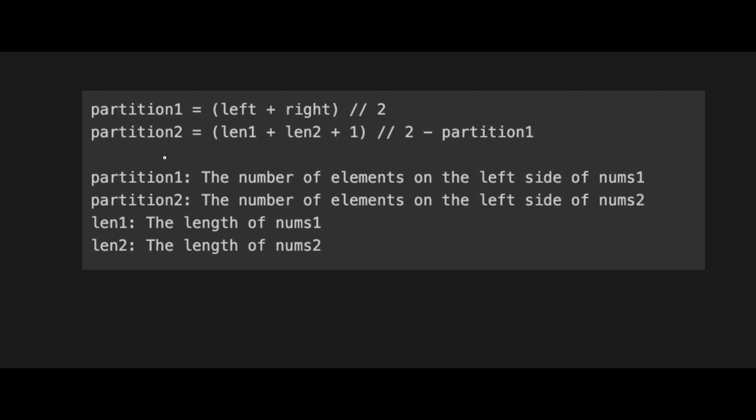And how about the partition 2? Length 1 plus length 2 plus 1, and divide 2 minus partition 1. So regarding the partition 2, since both partition 1 and partition 2 represent the total number of elements on the left side, they should sum up to half the length of merged nums 1 and nums 2. This gives the next formula like this.